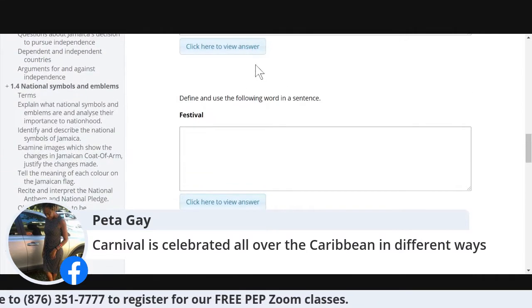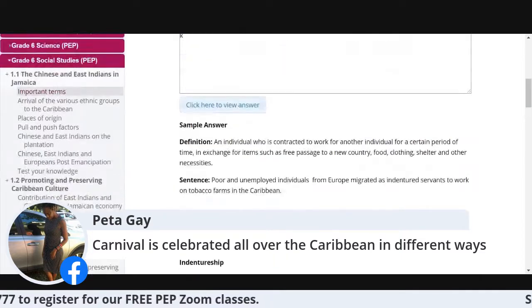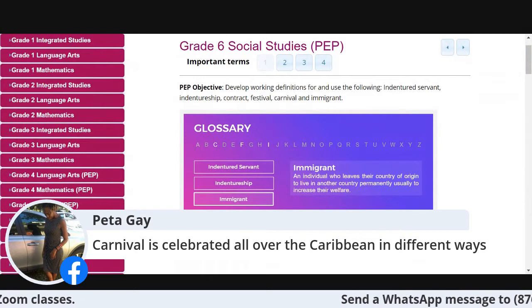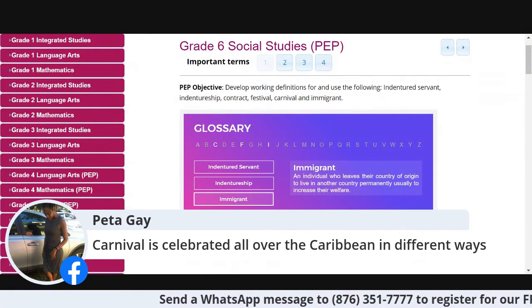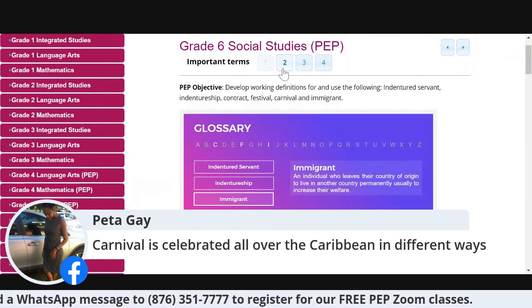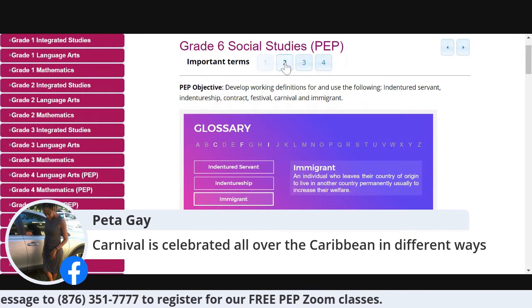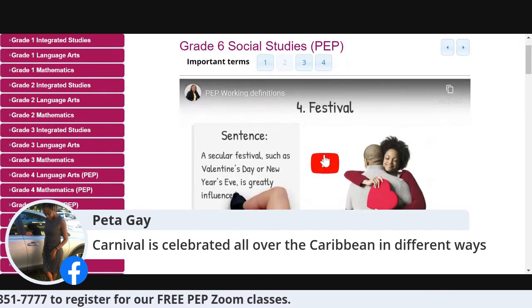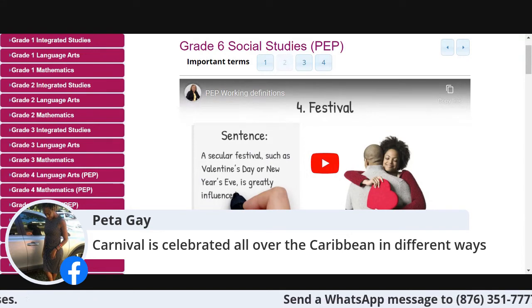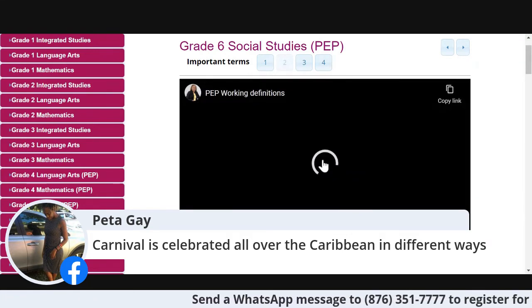Now, one of the reasons why I really love the Learning Hub, notice the objective is to develop working definitions for and use the terms, right? So we've presented it to you in this manner with the interactive glossary and your test your knowledge. And notice also that we have a video here. If you just wanted to sit back and watch the video, you can do that.